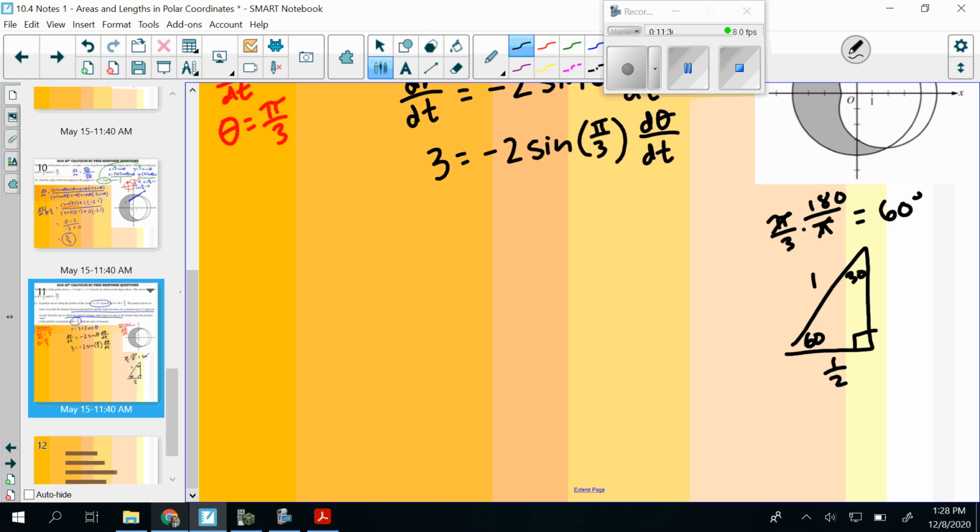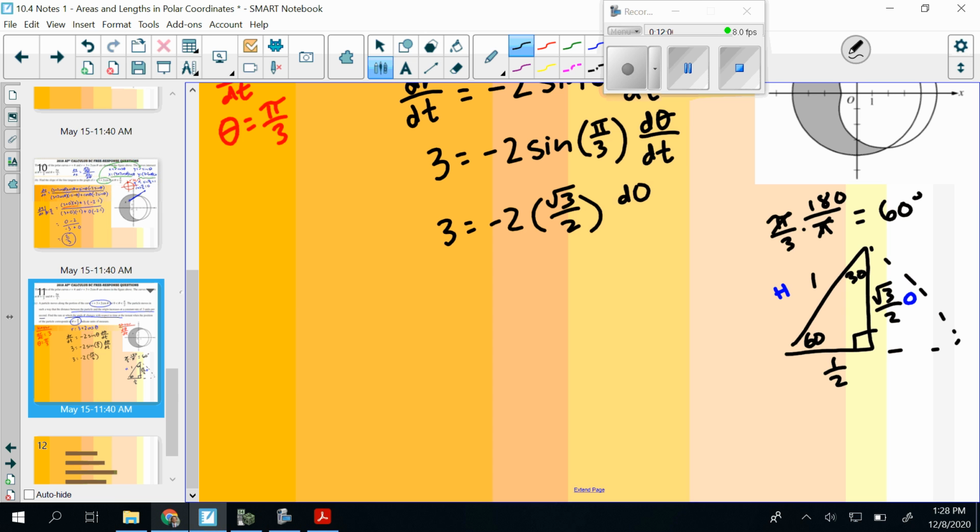Well, this side's half of that because it's half of an equilateral triangle, and this side's square root of 3 over 2. Sine is your opposite side over your hypotenuse, that'd be square root of 3 over 2 over 1, or just square root of 3 over 2. So sine of pi over 3 is square root of 3 over 2.